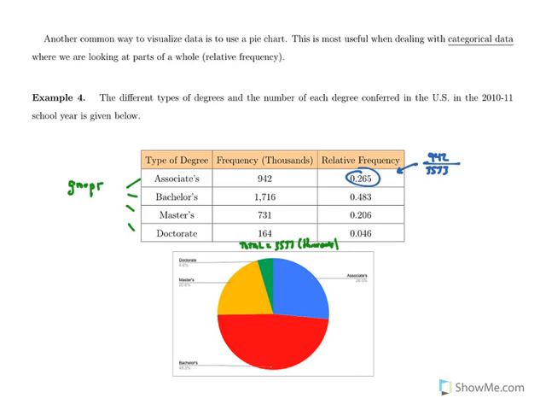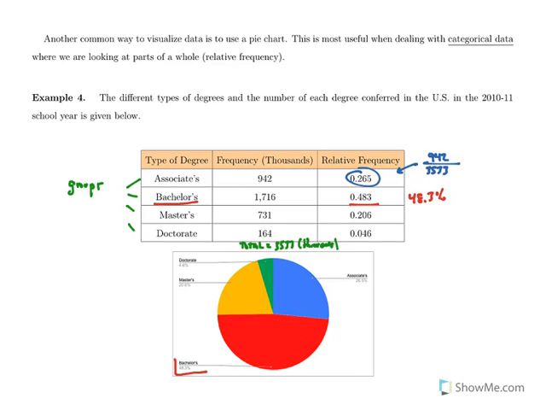So then our pie chart is going to be looking at the circle as a whole, right? That represents 100%. We're going to divide off little chunks of it to show the different percentages here. So we think about our bachelor's degree had 48.3%.